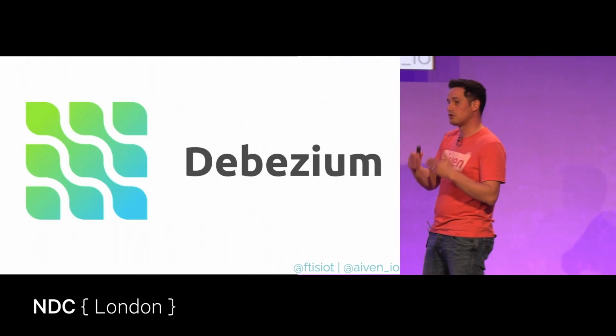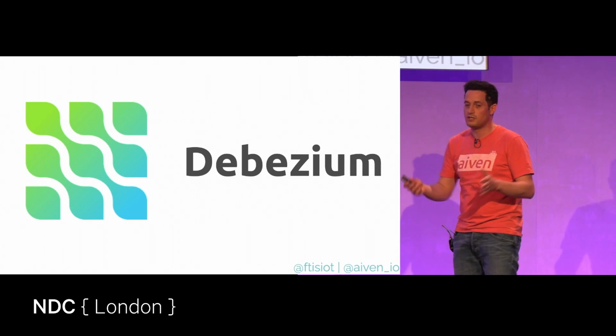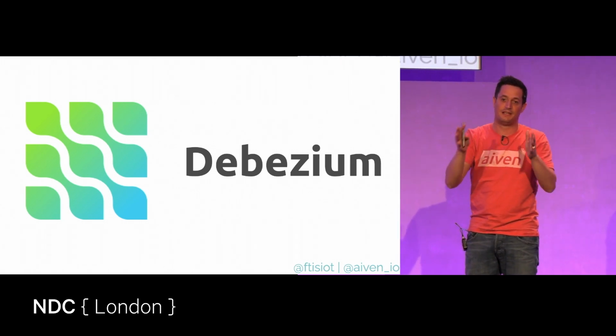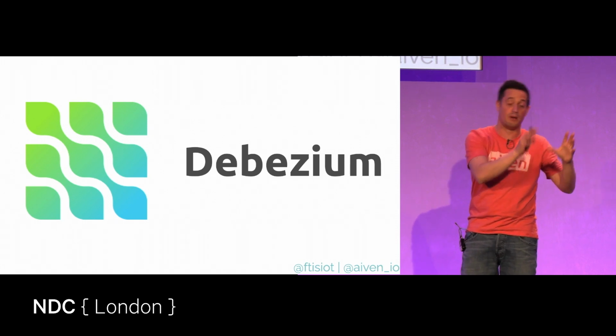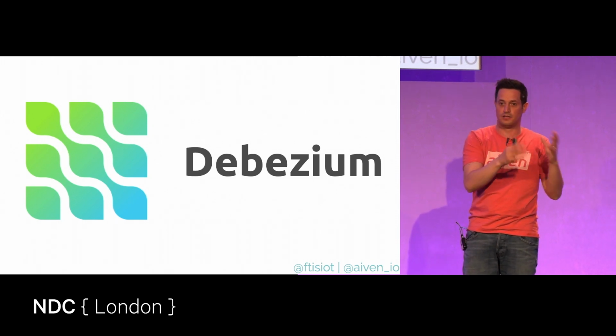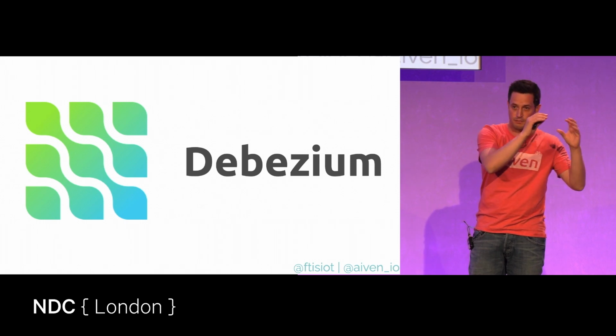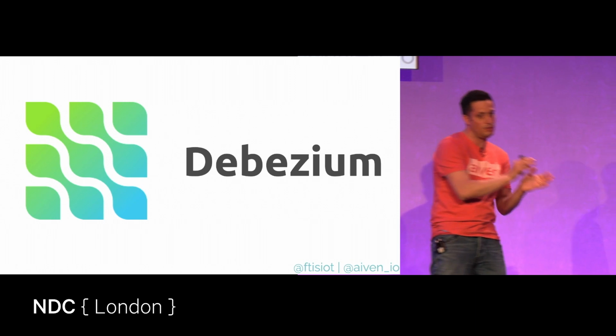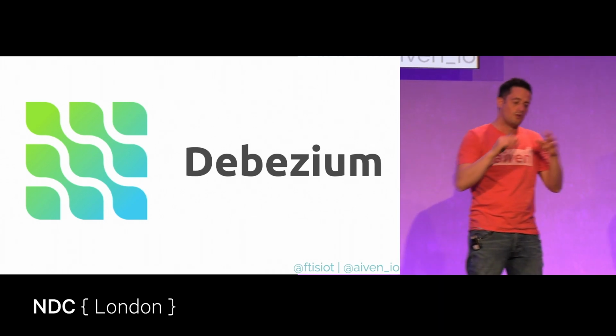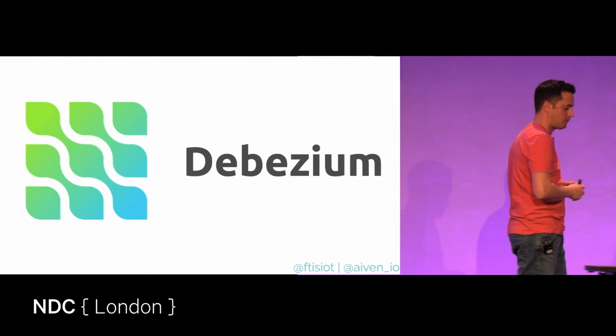Debezium is an open source project which is aimed at solving exactly this problem, tracking all the database changes happening by reading in the log, or depending on the technology, reading in some specific views which contain the list of changes, and moving those changes into Kafka with a standard format.